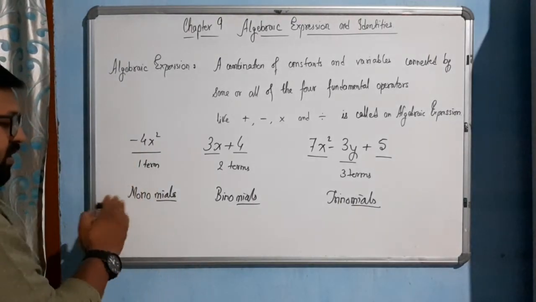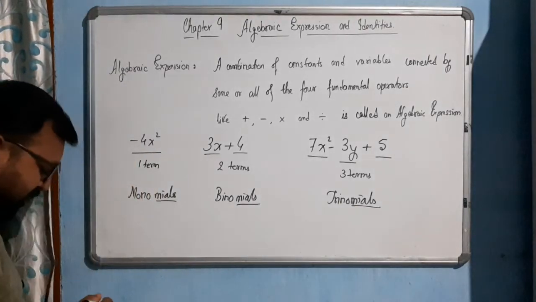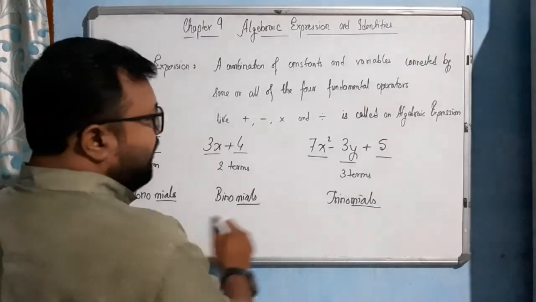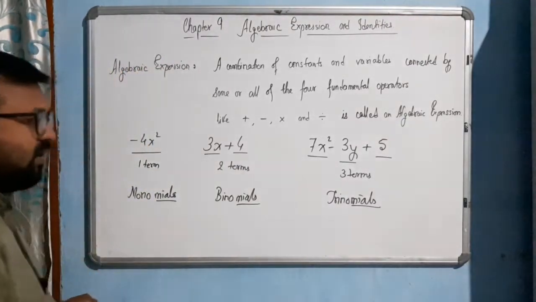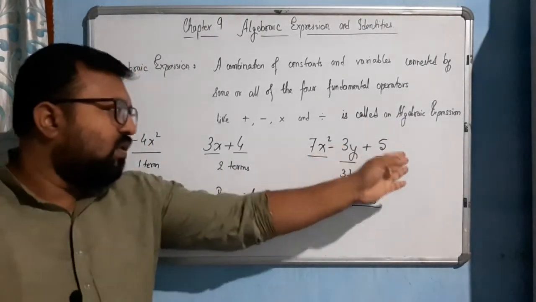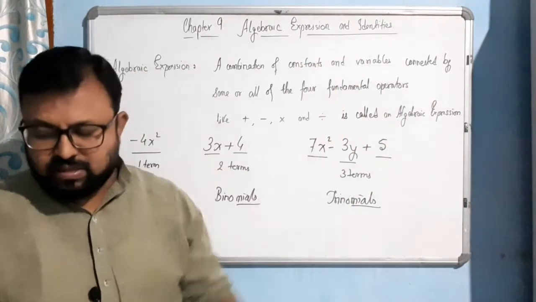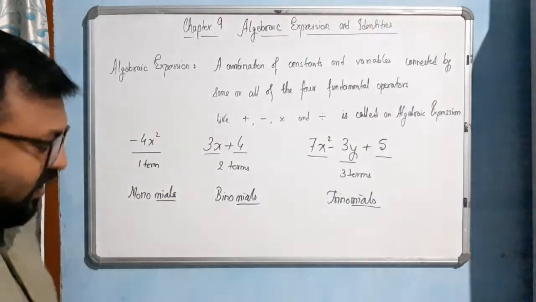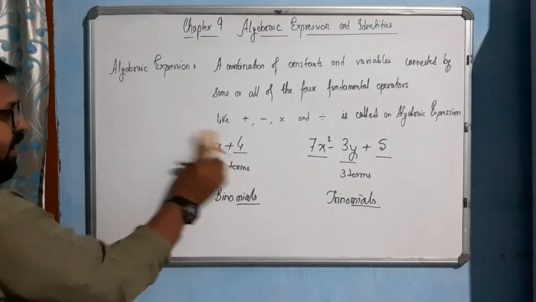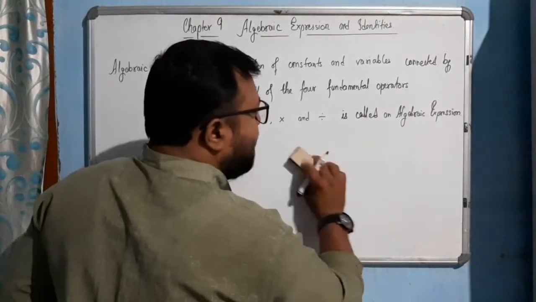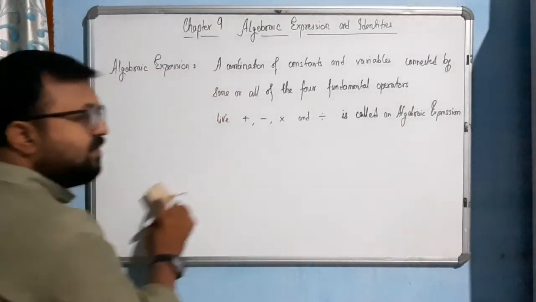So one term is known as a monomial, 2 terms a binomial, and 3 terms a trinomial. In this way, and so on, 4 terms is quadrinomial, and you will get all the names.